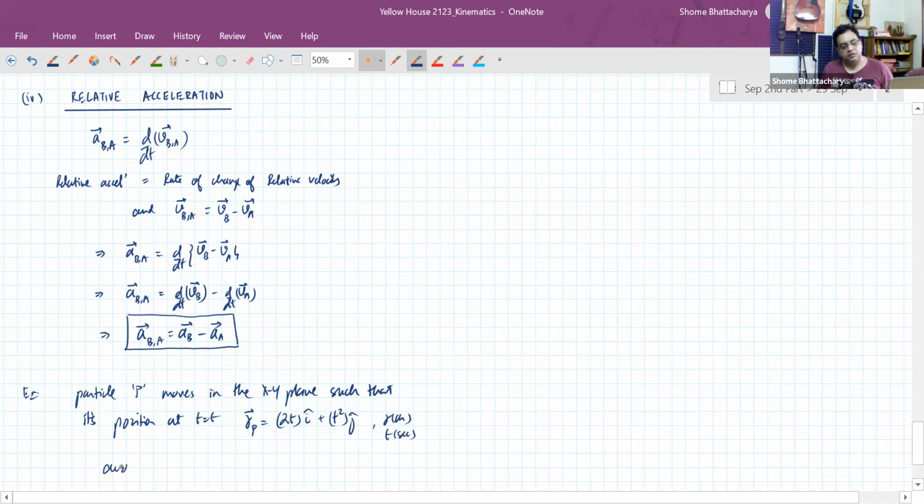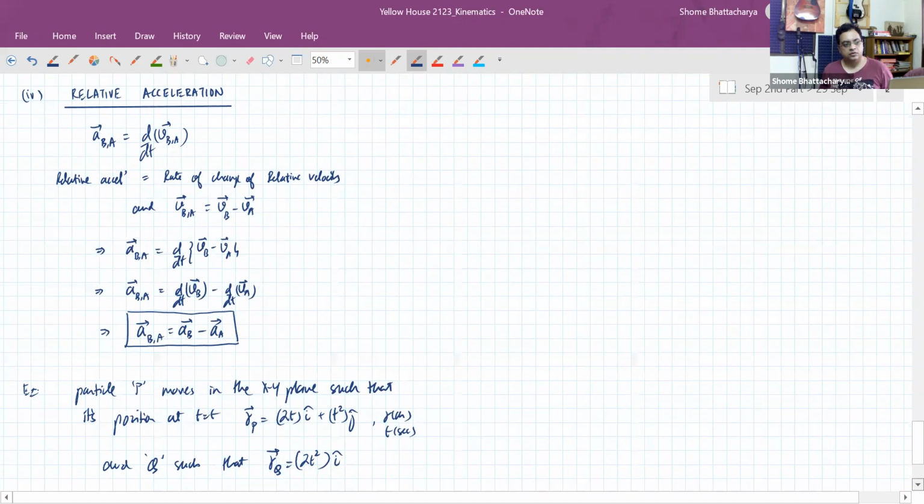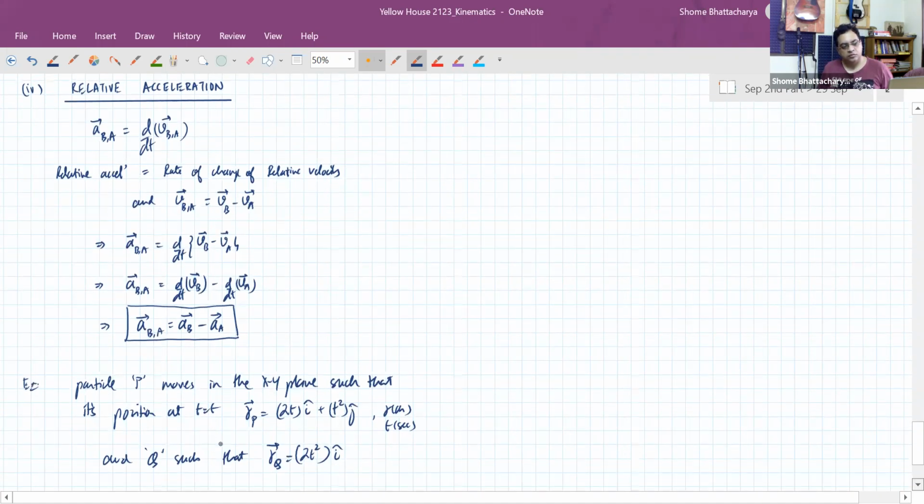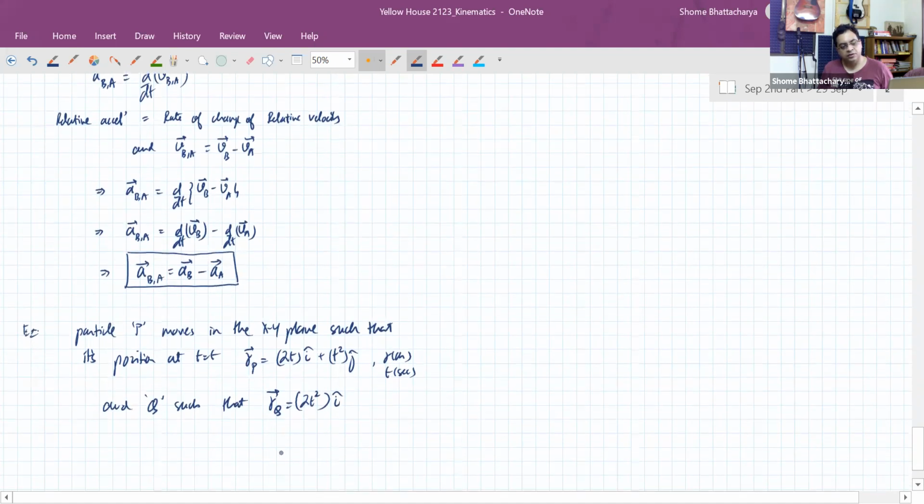And Q is such that the position of Q at any time is 2t square i cap. Okay. So now find the relative displacement of P with respect to Q from t equal to 0 to t equal to 1 second.